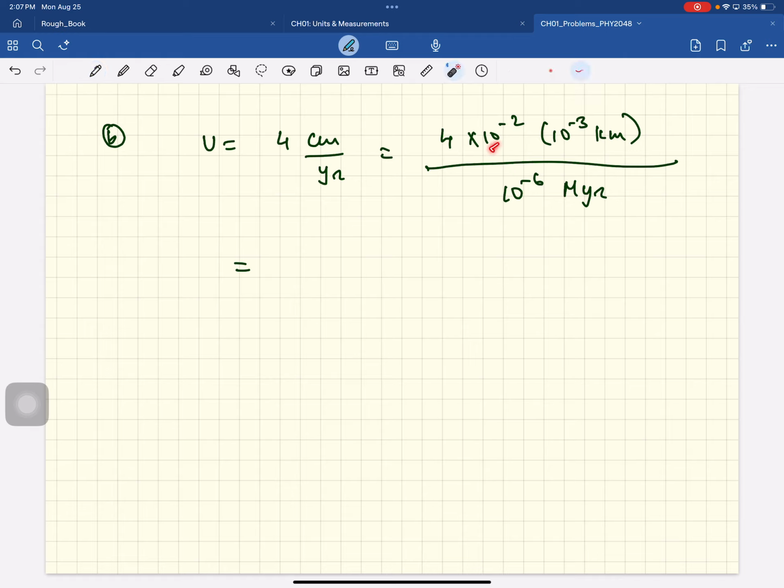So this works out, this is 10 to the minus 5, 10 to the 6, so this works out to 40 kilometers per million years. And if the distance between South America and Africa is 4,000 kilometers, let's say, that's 100 million years. So they were together about 100 million years ago. Okay. So you get the right order of magnitude. Okay. All right.